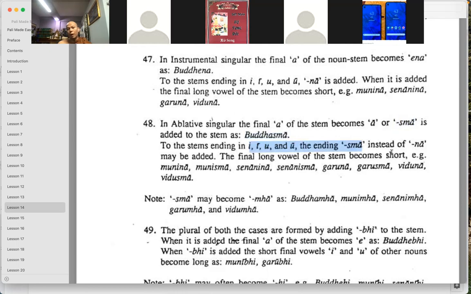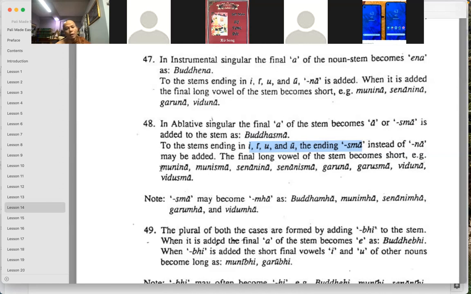Maybe explaining in the Pali text is a little bit complicated and difficult to understand. That is why, before reading, I explain first, to understand thoroughly and systematically. Our explanation is a bit different, but the final form is the same.